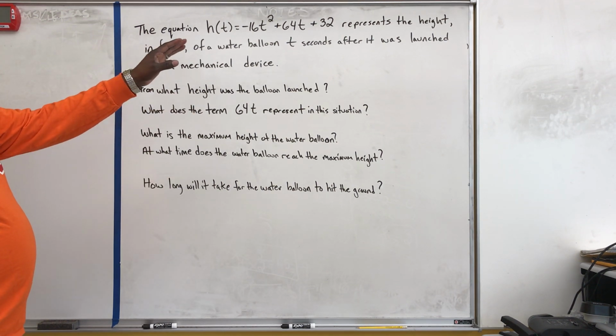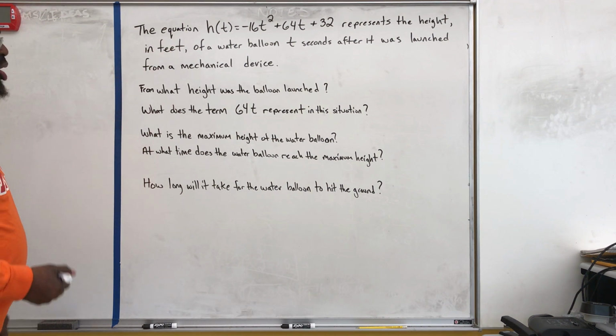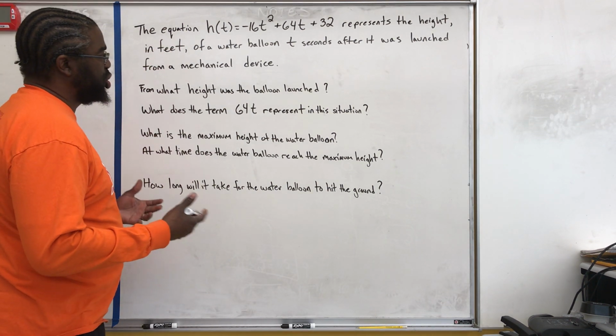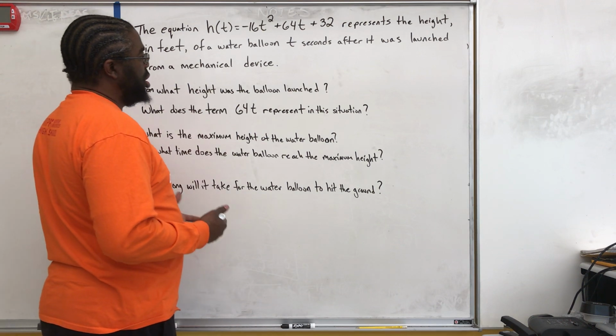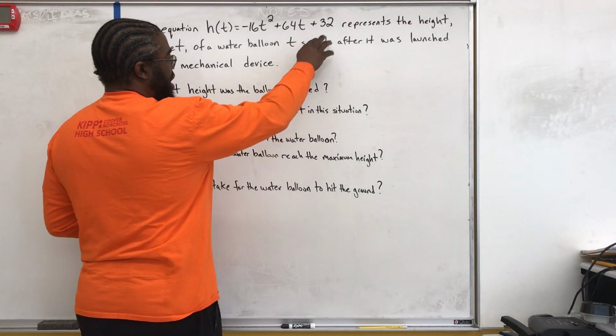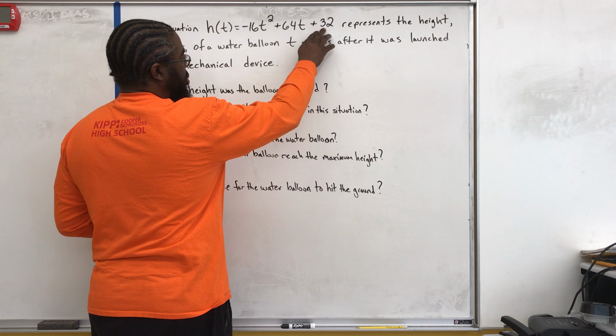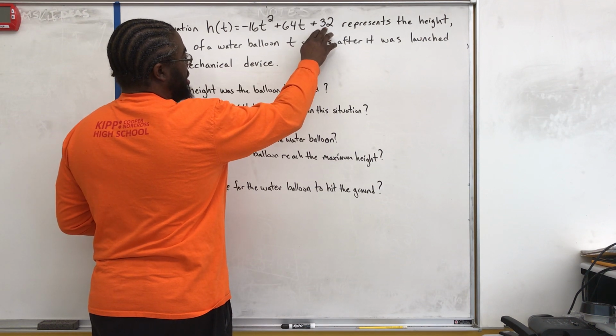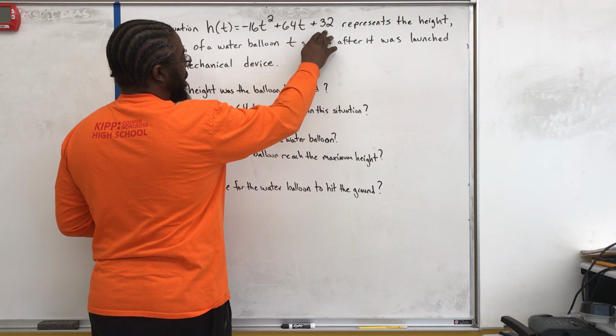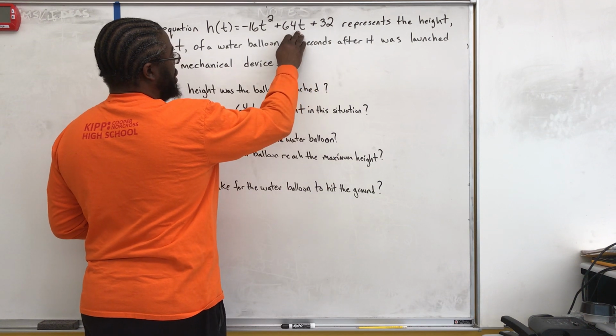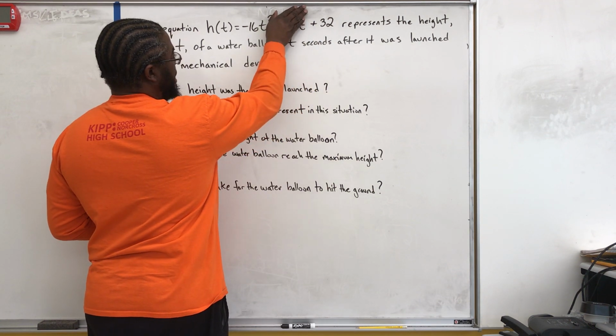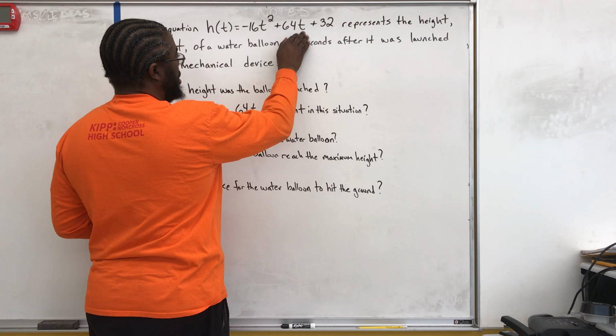There are parts to this equation that we know because we know projectile motion questions, we're used to them. And so we know that this right here, 32, that's my constant, that has to be my starting point. Because if time was 0, this wouldn't be here, because 64 times 0 is 0.